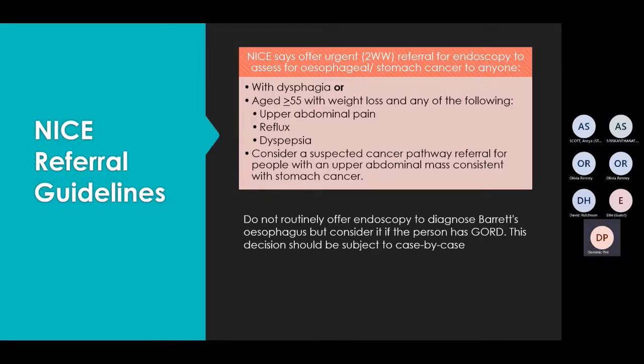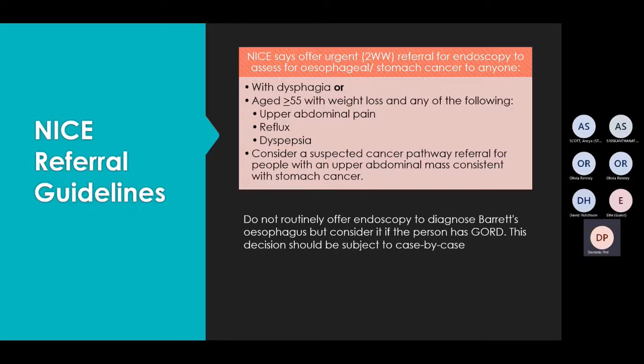Now, I mentioned earlier about a camera test. There are some times where you might suspect cancer, and the red flags for cancer are individuals who present with dysphagia, which is difficulty swallowing, or they've got the sort of reflux and dyspepsia symptoms plus weight loss, and they're over 55.